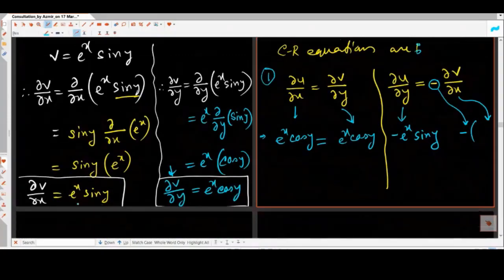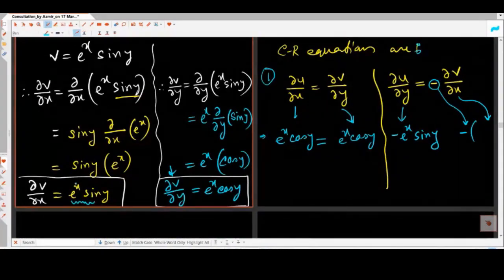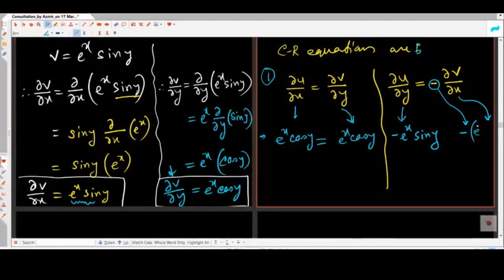So dv dx is positive e to the x sine y. So we can understand that in left side we have negative e to the x sine y, and on right side negative positive is negative e to the x sine y. That means both left side and right side are same. So it means second equation is also satisfied.